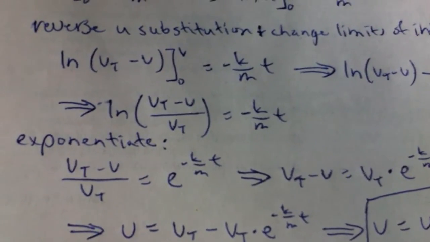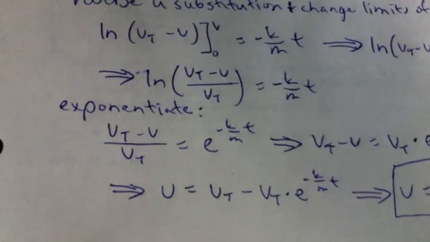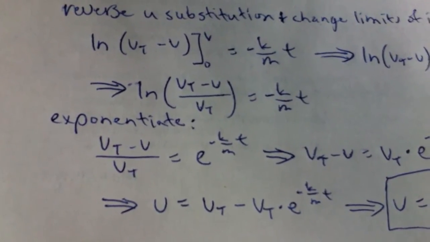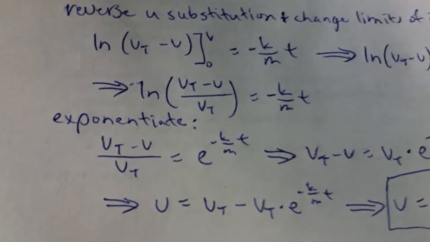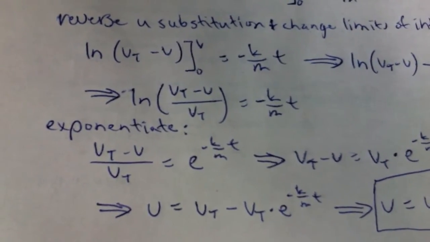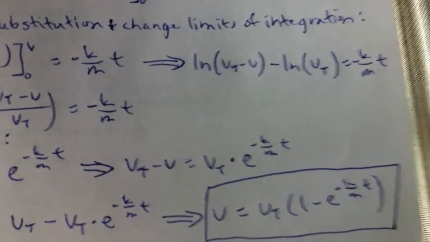Okay, let's exponentiate both sides. And you can see how we've exponentiated both sides. If you need help on that, see me, or we'll go over it in class some more. All right, let's multiply both sides by vt, which we've done there.